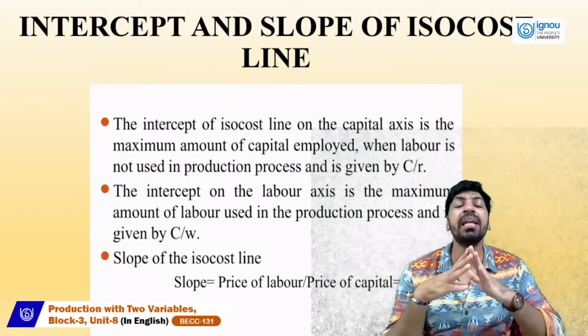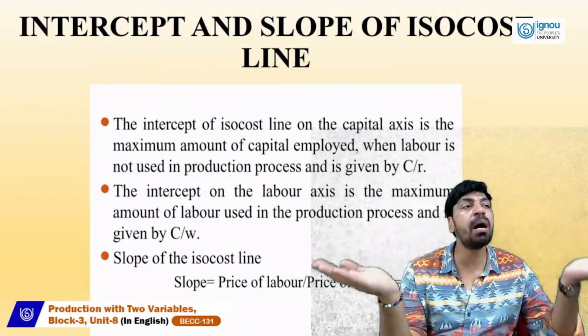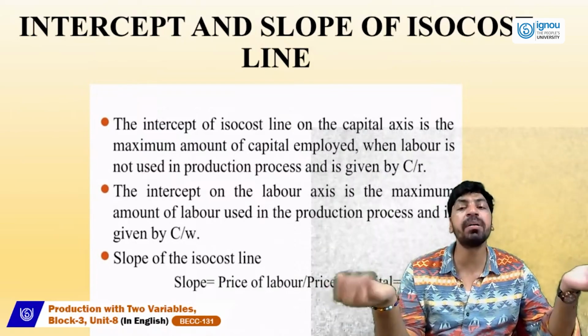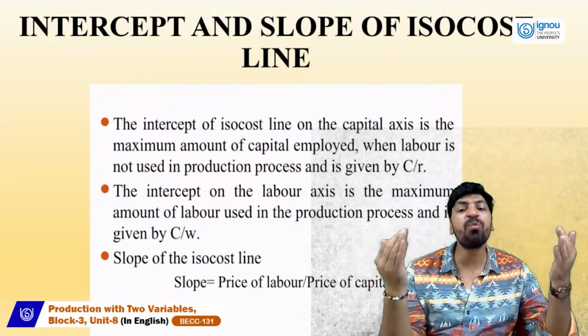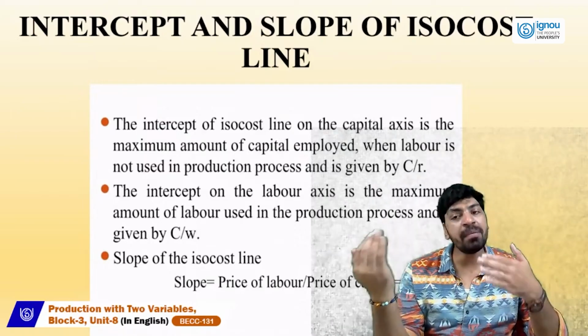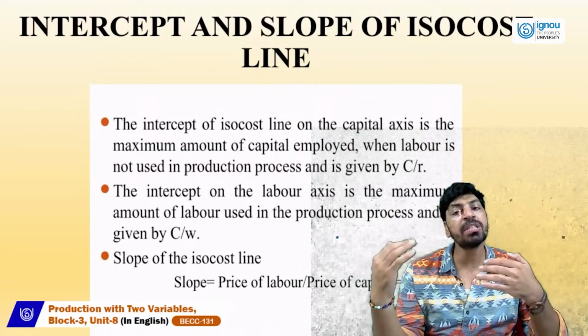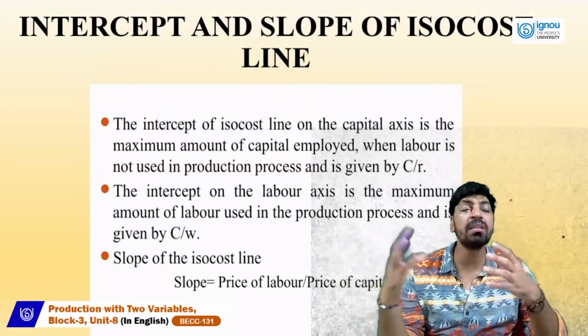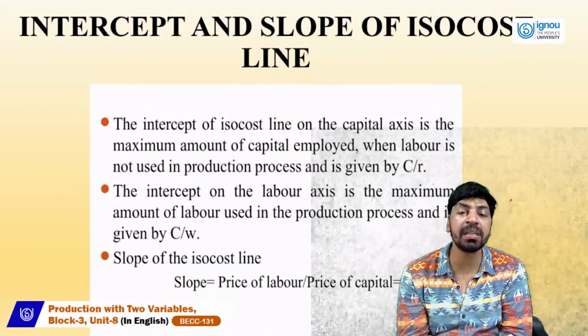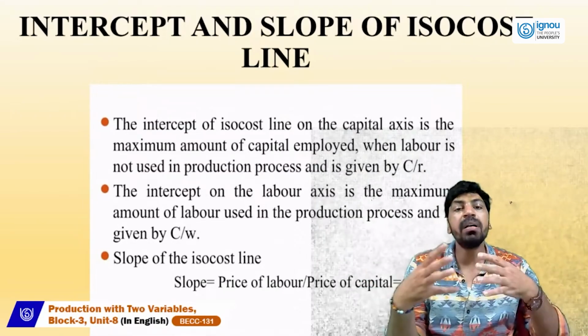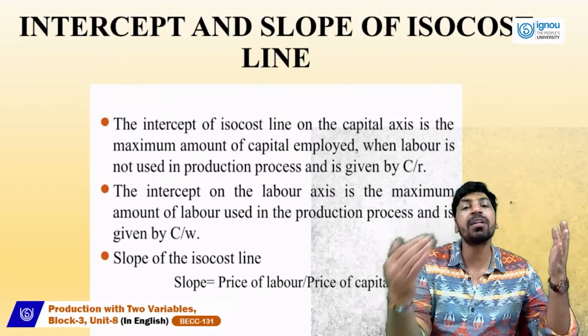Basically, the intercept refers to the maximum amount of capital or the maximum amount of labor that can be used. The intercept of the isocost line in respect of capital refers to the maximum amount of capital which is used when labor is not used in the production process.